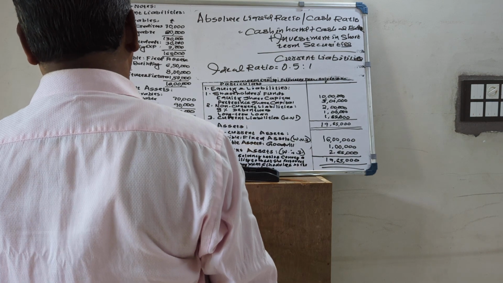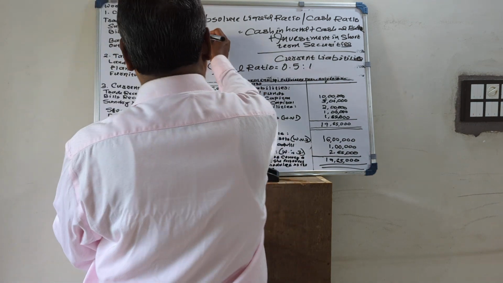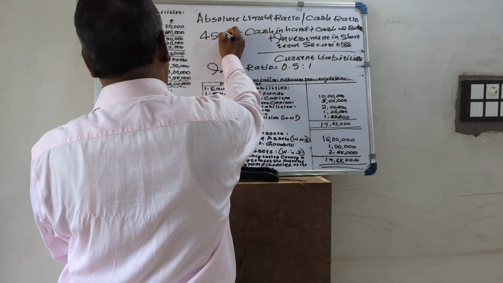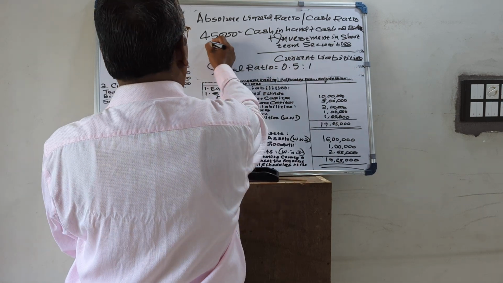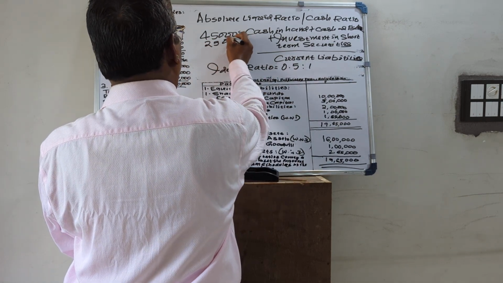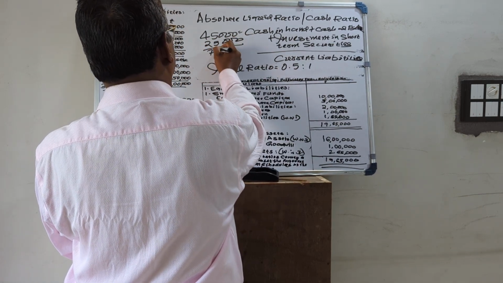Here in this case, cash in hand and cash at bank total 45,000. Then short-term investment in securities is 25,000. So the total comes to 70,000.